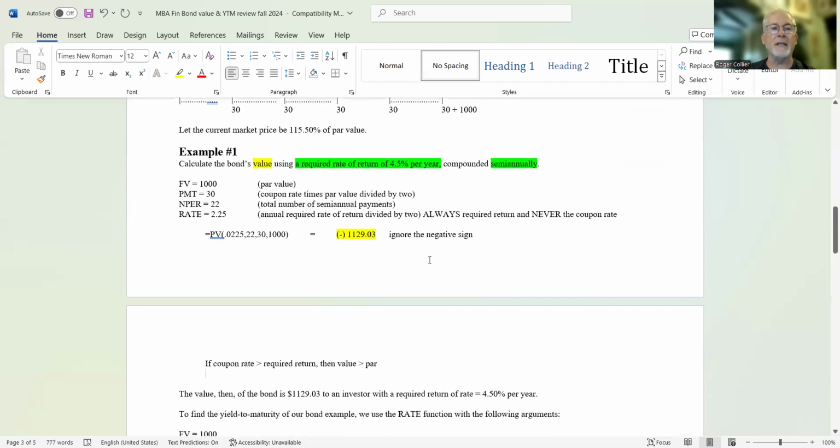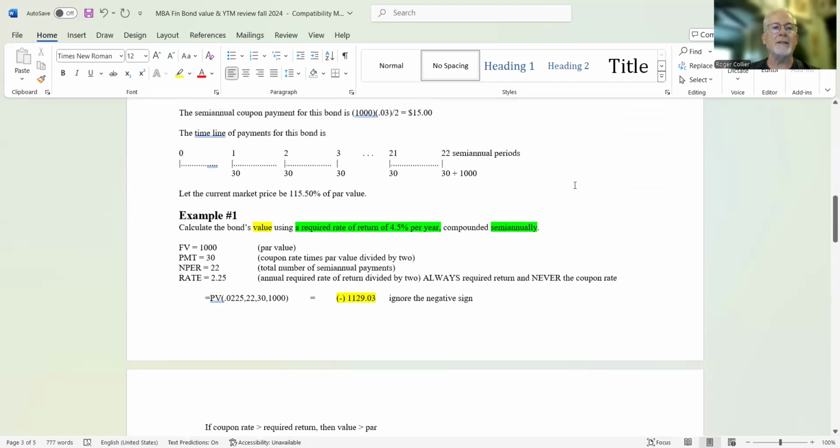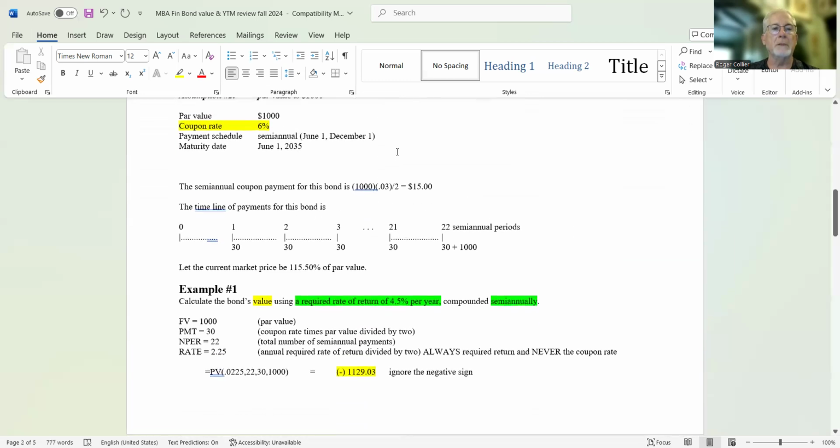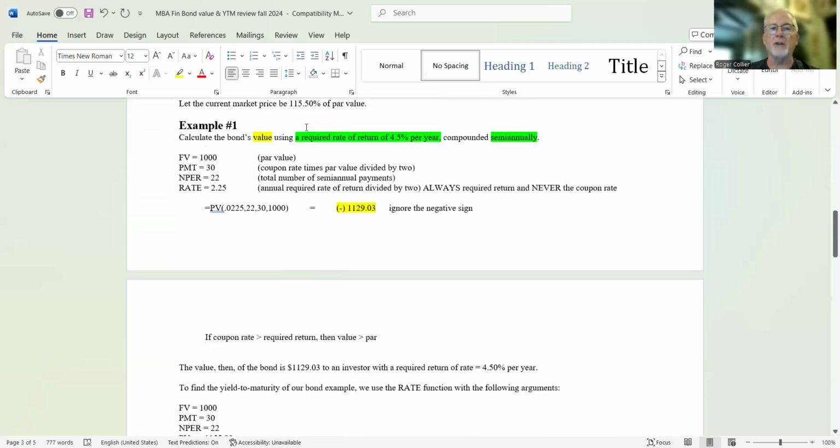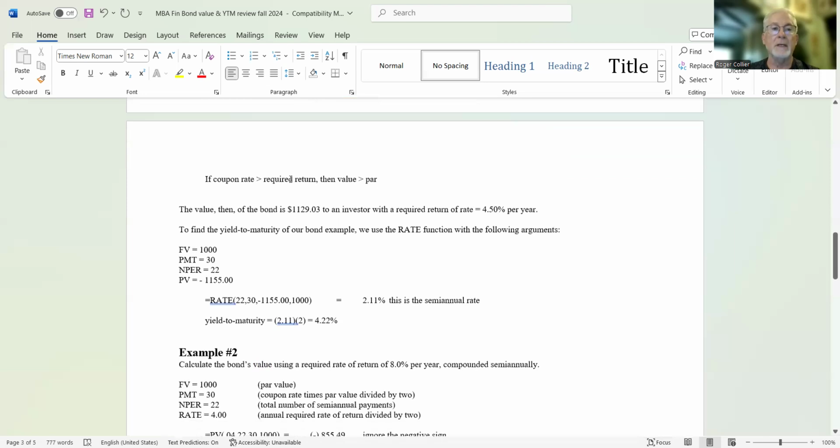And that's what we see here. The coupon rate is 6%. The required return is only 4.5%. So the coupon is greater than required return. It's paying us more than we require. So the value is greater than par, greater than that $1,000, and that will always be true.